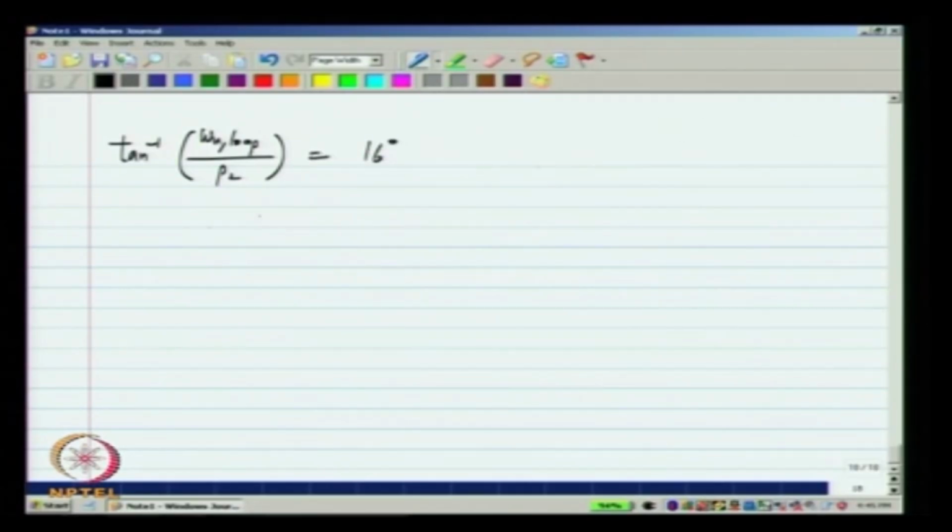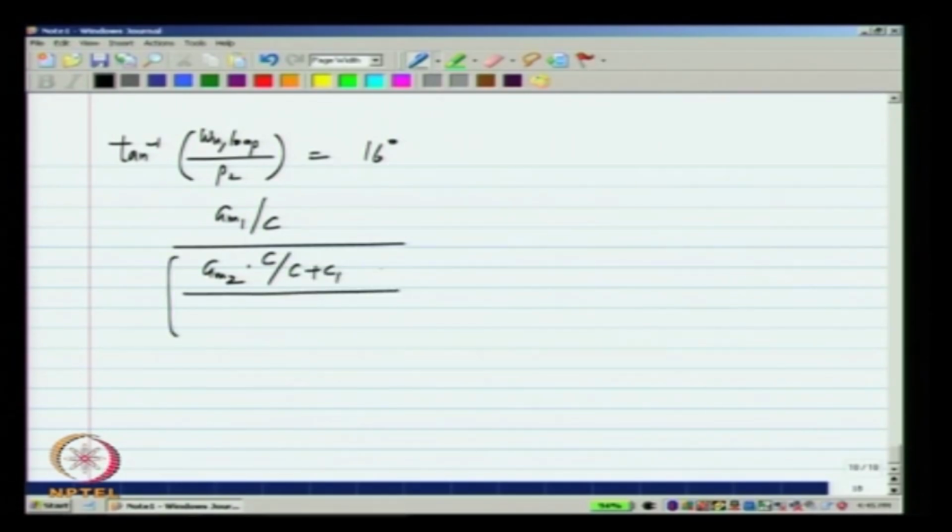Now, what does this give you? First of all, omega u loop itself is GM1 by C, and P2 is GM2 C by C plus C1 divided by CL plus CC1 by C plus C1.